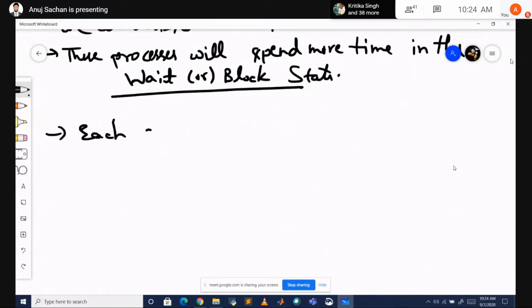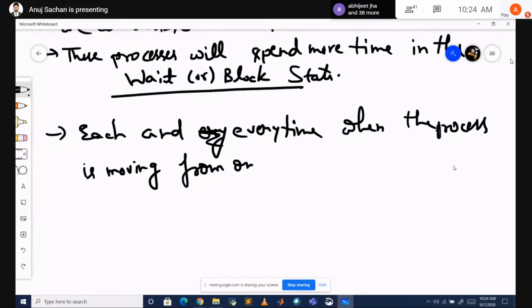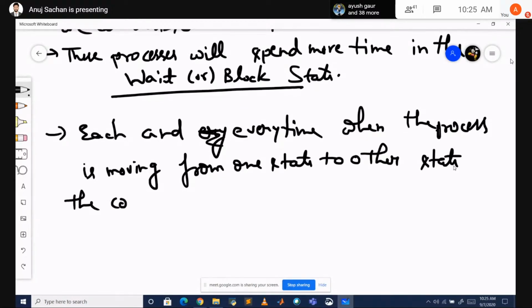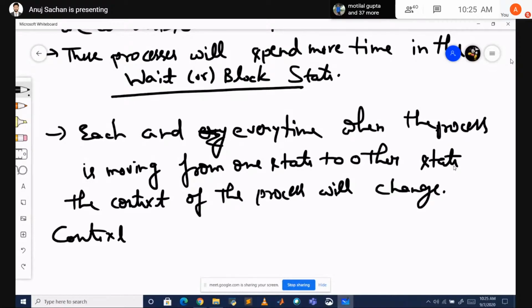देखो, जब भी प्रोसेस एक स्टेट से दूसरी स्टेट में जाता है तो वो करता है कॉन्टेक्स्ट स्विचिंग। क्या होता है कॉन्टेक्स्ट स्विचिंग?